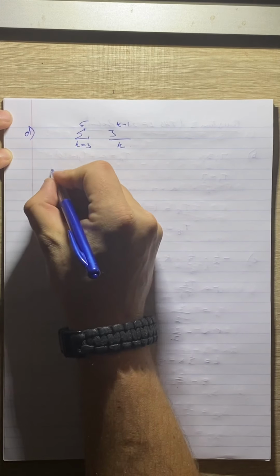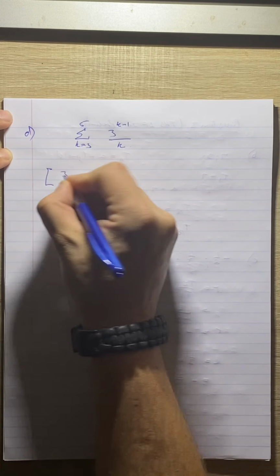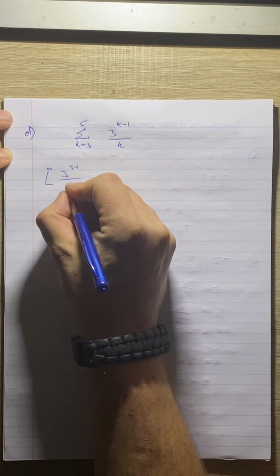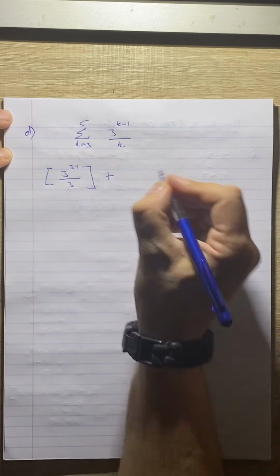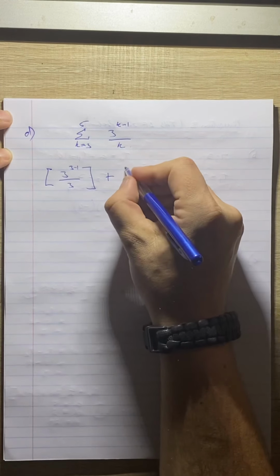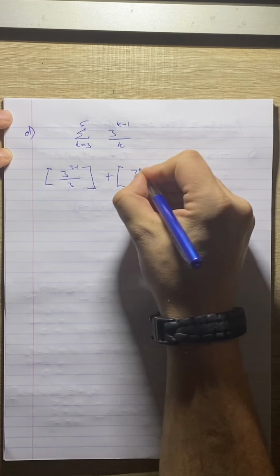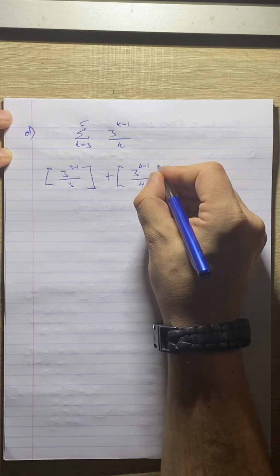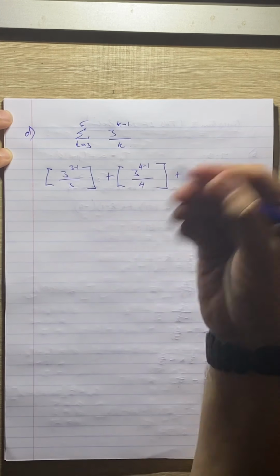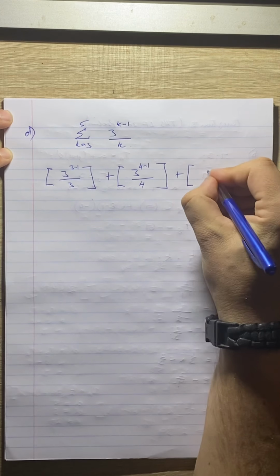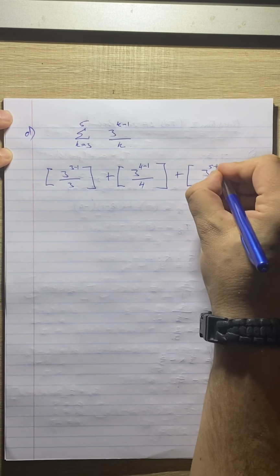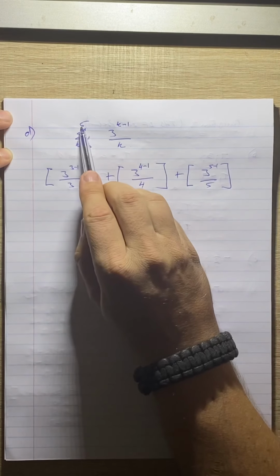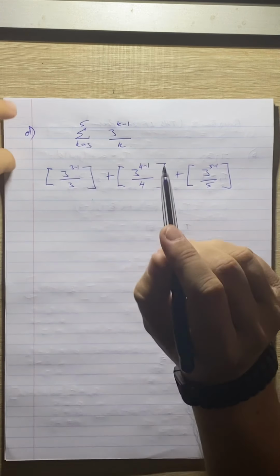Our first one would be 3 to the power of 3 minus 1 over 3, plus. Now you go to your next index, which is 4. So it'll be 3 to the power of 4 minus 1 over 4, plus. Go to the next index, which is 5. So we get 3 to the power of 5 minus 1 over 5. And I stop there. Why? Because our limit is 5.